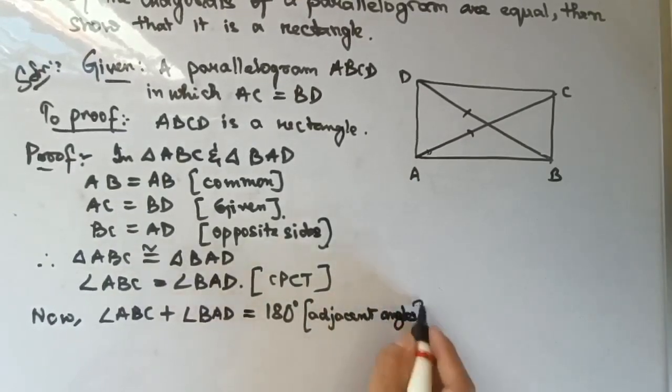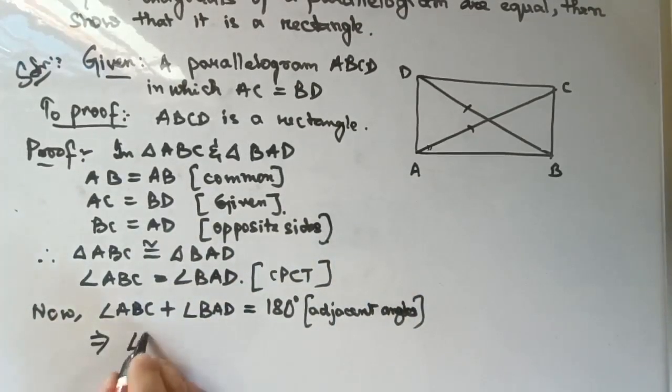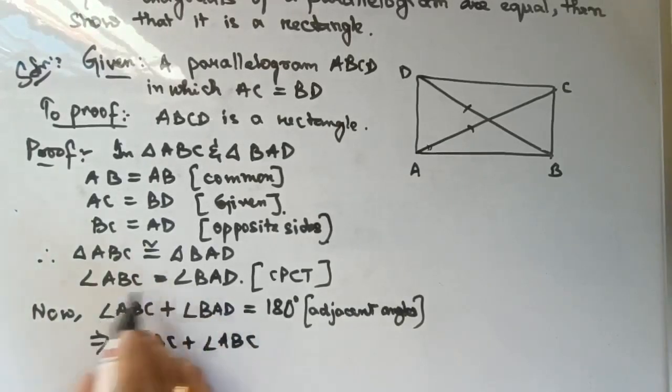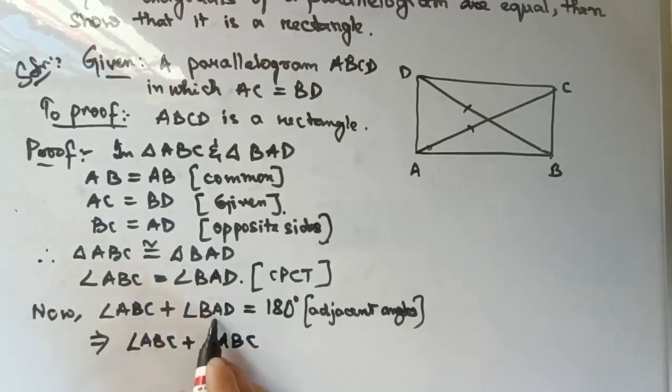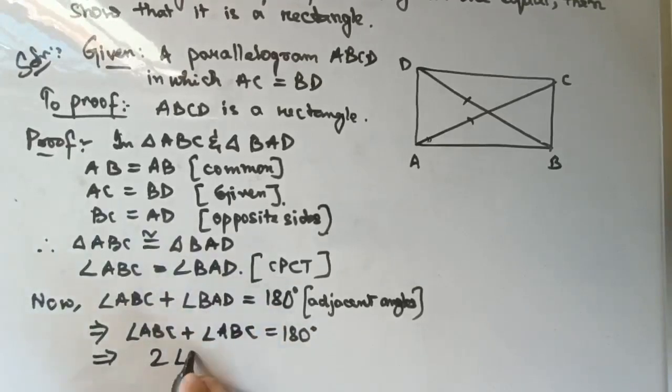This implies angle ABC plus angle BAD is equal to 180 degrees. Earlier we have proved angle BAD is equal to angle ABC, so instead of angle BAD, we write angle ABC. Twice angle ABC equal to 180 degrees.